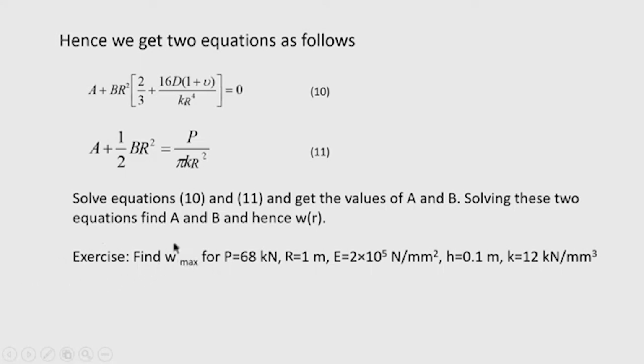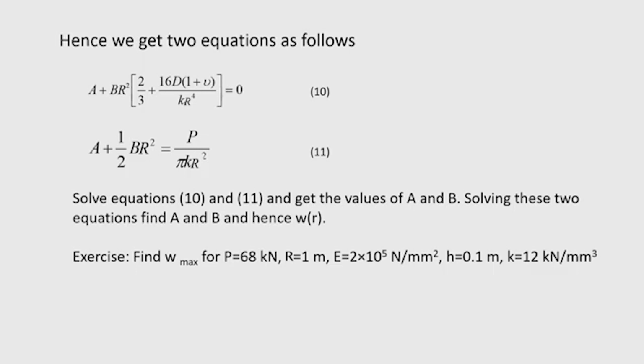For calculating the maximum deflection, of course, it will be at the center, because it is symmetrically loaded and there is no support actually. So, it is symmetrically loaded and it is resting on the elastic subgrade. So, it is supported by the elastic subgrade, but at the edge there is no support. So, here if you take say P is equal to 68 kilonewton and the radius of the plate as 1 meter, modulus of elasticity, say it is a steel plate, is 2 into 10 to the power 5 Newton per mm square.